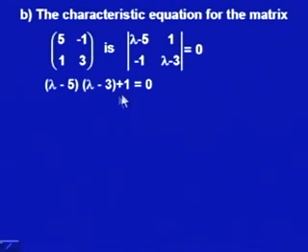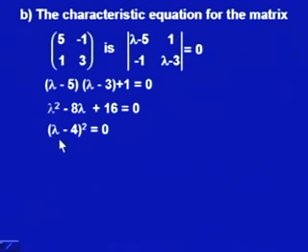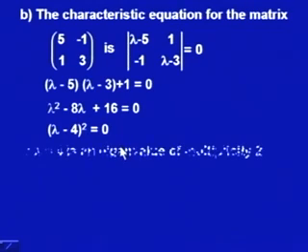We solve the determinant: (lambda minus 5) into (lambda minus 3) plus 1 equal to 0, and this gives me lambda square minus 8 lambda plus 15 plus 1, that is 16, equal to 0. This equation gives me (lambda minus 4) whole square equal to 0. So this case gives me lambda is equal to 4 as an eigenvalue and its multiplicity is 2.